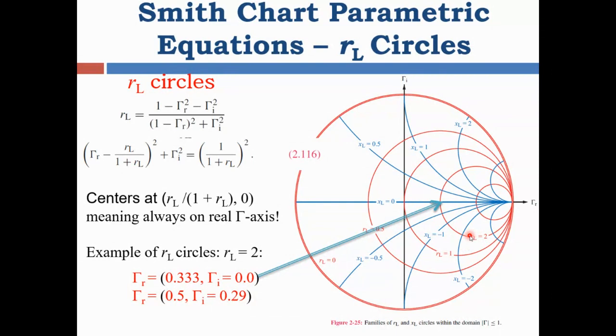Then you can choose an entirely different set of numbers. Let's say you want to have the real circle equal to 0.5. There is going to be a combo of gamma, real and imaginary, that if you put in this equation is going to give you 0.5. Just like the one we did for 2, now we do the same thing for 0.5.